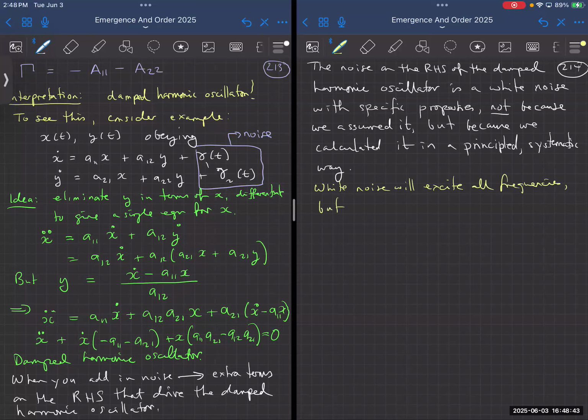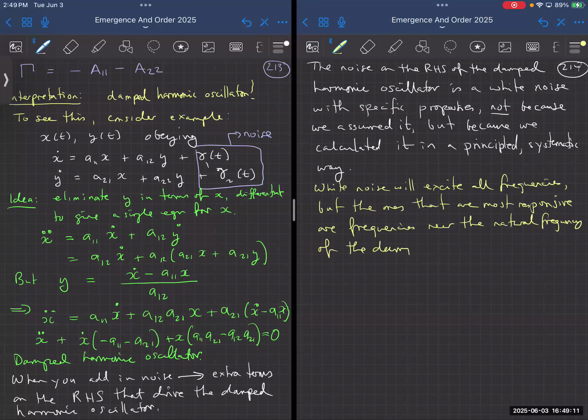But the ones that get excited the most, the ones that are most responsive, are frequencies near the natural frequency of the harmonic oscillator. Again, that's not something that we've assumed, we've calculated that.